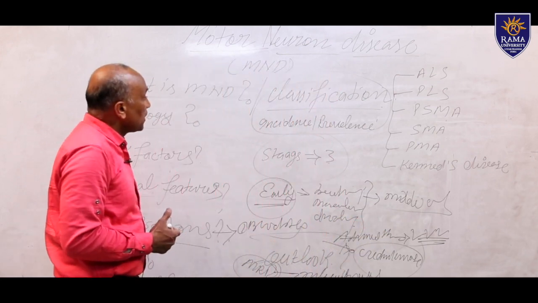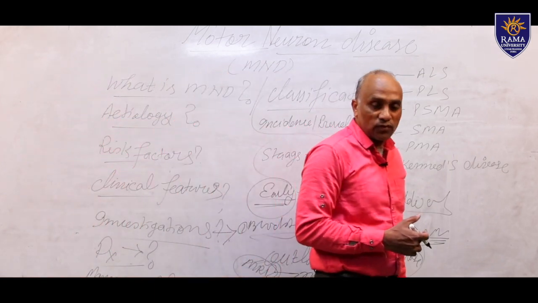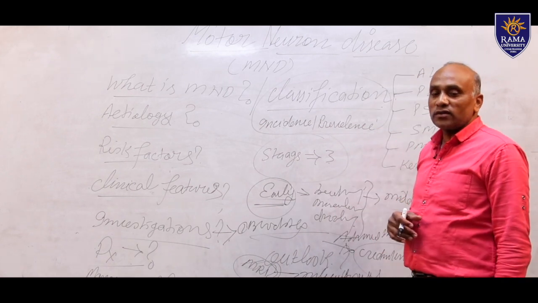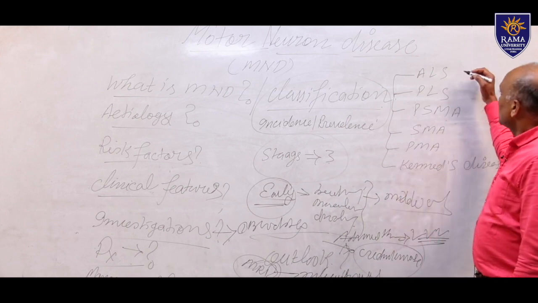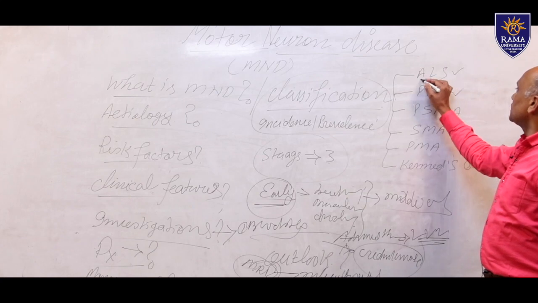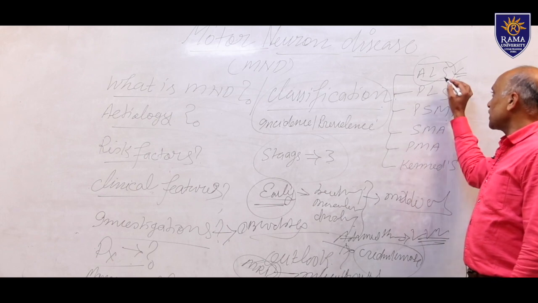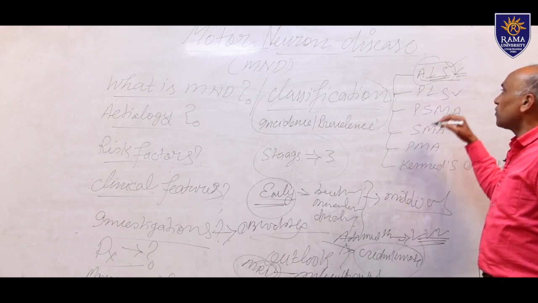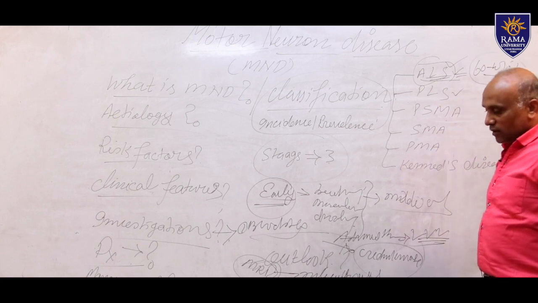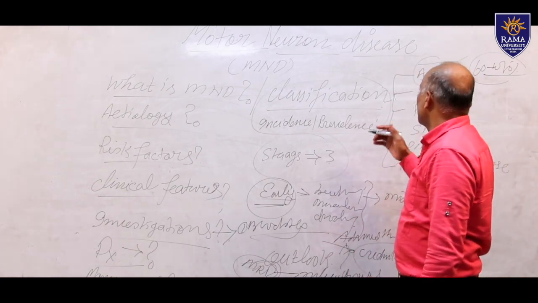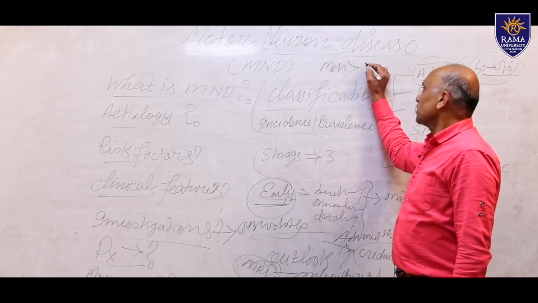Next, what is the management? How can we manage motor neuron disease? Before this, we want an outlook over the types of motor neuron disease. The most common form is ALS, amyotrophic lateral sclerosis, which is found in 60 to 70% of cases. It mostly affects men more than women.